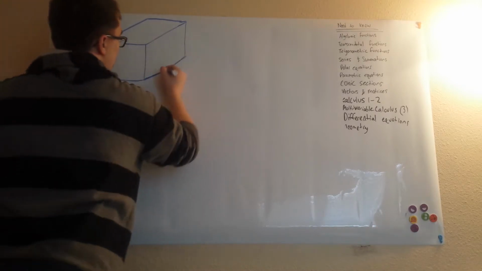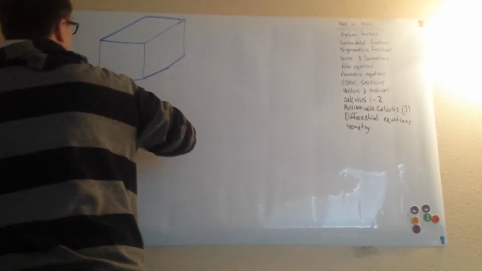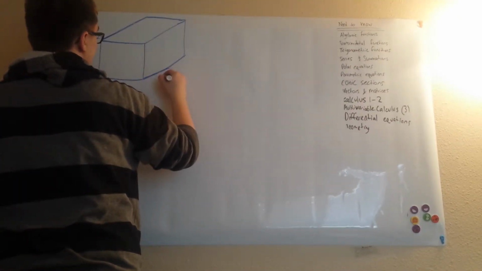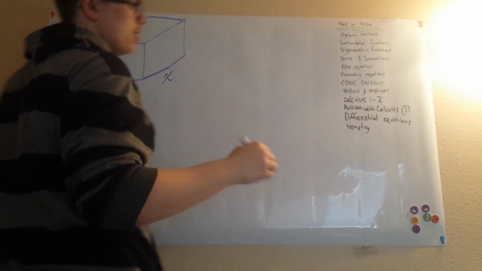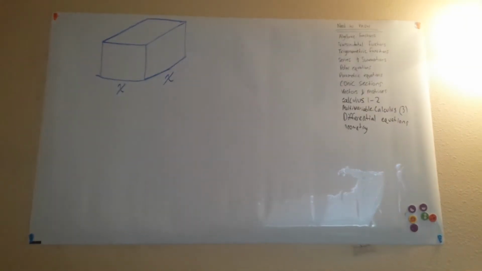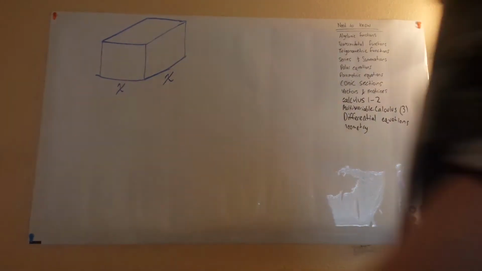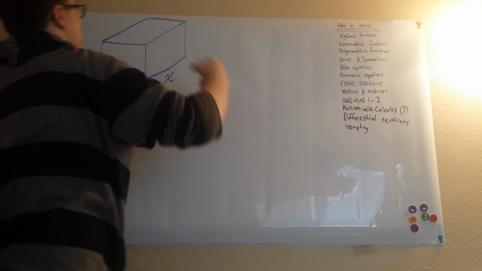And I want to produce a maximum volume. This is length x, this is length x, and the h is the h. So we have this issue. So there's kind of a box right here. And this is length h, so you know what that is.